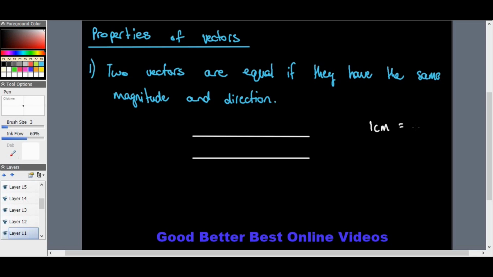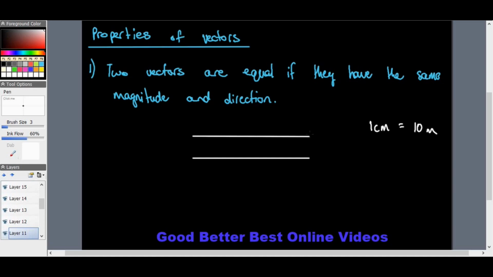So 1 centimeter might equal 10 meters, or something like that, or maybe 5 meters, or 1 centimeter might equal 1 meter, depending on the size. Probably it wouldn't equal 1 meter, you'd have to make it a little bit more, but 1 centimeter equals 10 meters is pretty much okay.